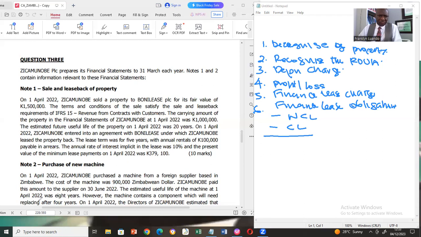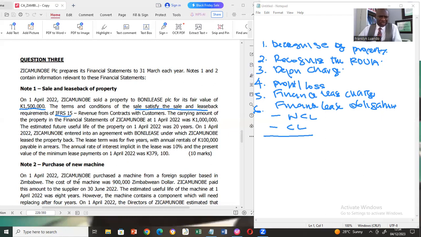Sale and leaseback of property. On 1 April 2022, ZICA Munobe sold a property to Bond Lease PLC for its fair value of 1,500,000 kwacha. The terms and conditions of the sale satisfy IFRS 15, Revenue from Contracts with Customers.